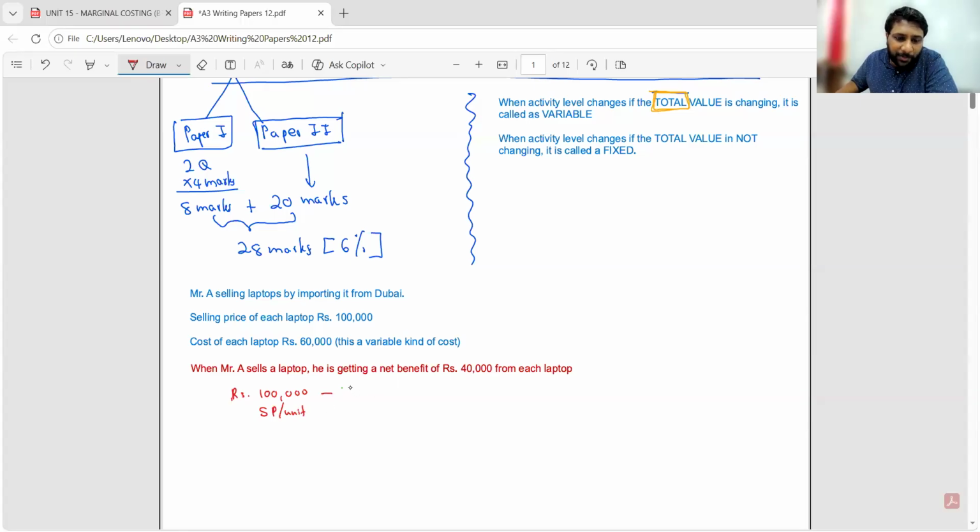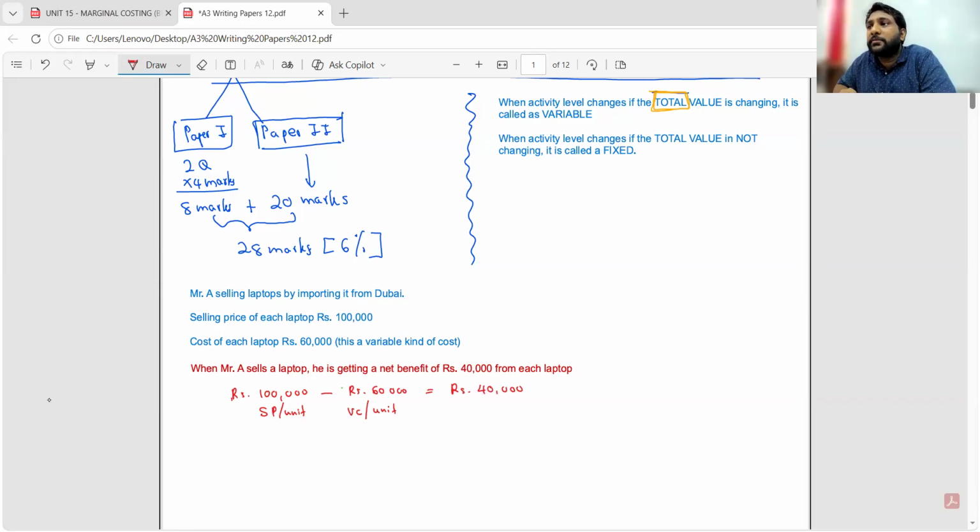Rupees 60,000 is the variable cost per unit. Then here you are getting a net benefit of rupees 40,000. For this rupees 40,000, we are giving a name.